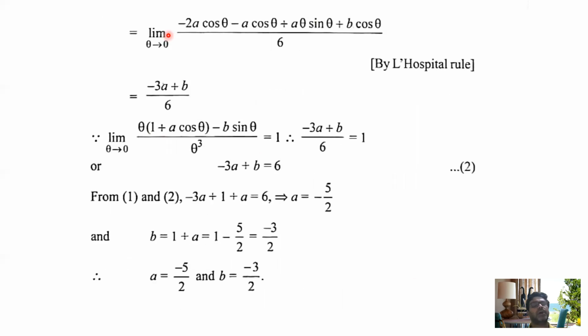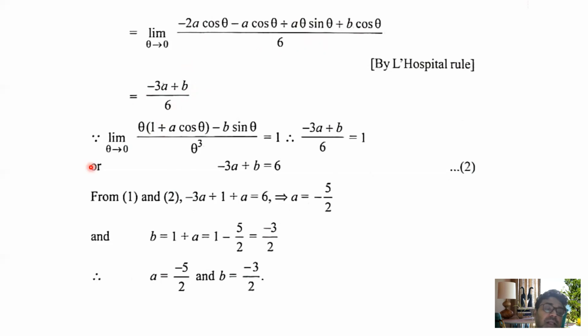Now again differentiate by using L'Hospital, minus 2a cos theta minus a cos theta plus a theta sin theta plus b cos theta by 6. So from here it is clear that if you take the limit, what you have is minus 3a plus b by 6. Your limit is coming, this is a finite result, minus 3a plus b by 6. But what is given?